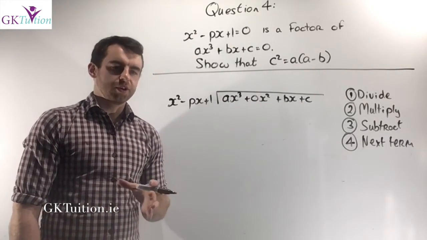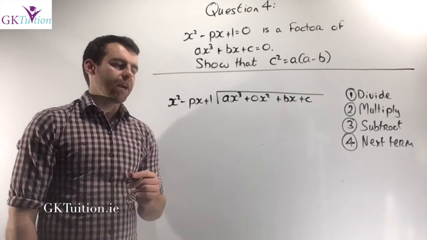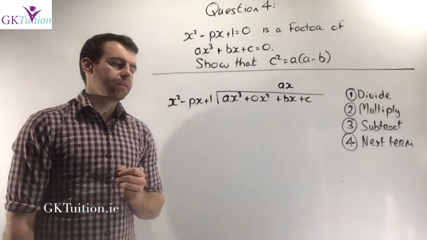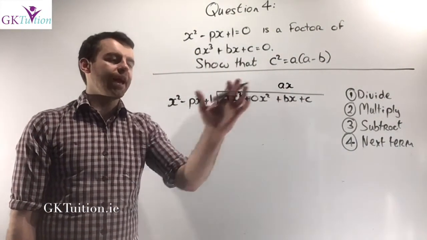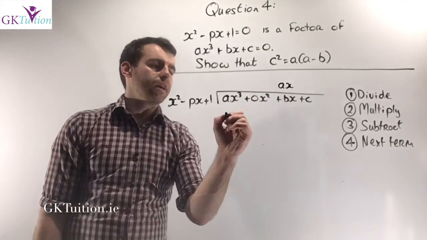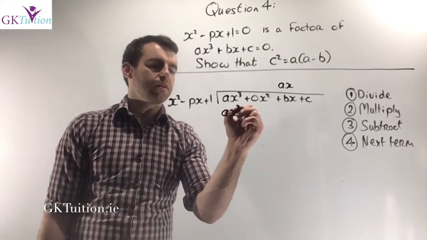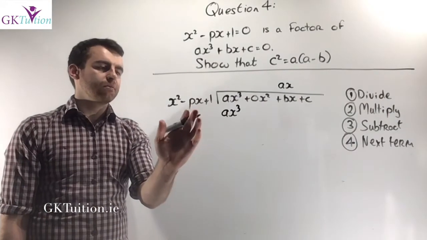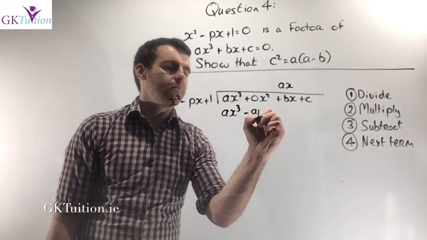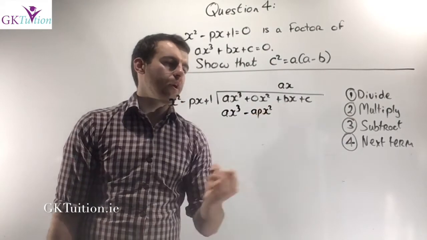The first thing that we're going to do is divide x squared into ax cubed, and that's going to give me ax. The second thing I'm going to do is multiply ax by these three terms. Ax multiplied by x squared gives me ax cubed. Ax multiplied by minus px gives me minus apx squared.